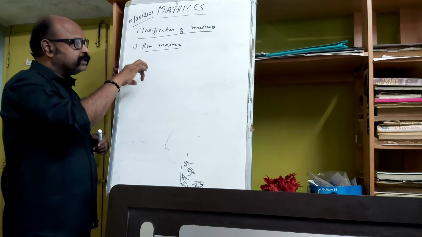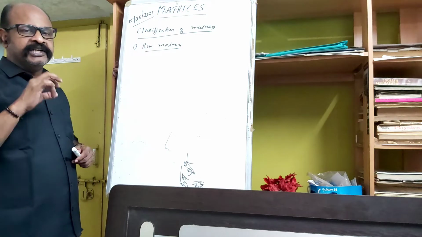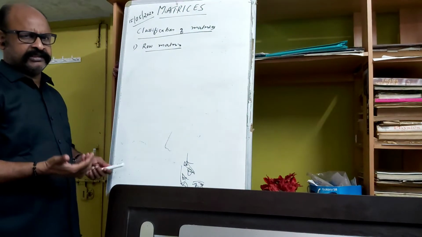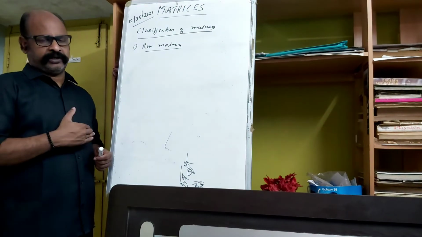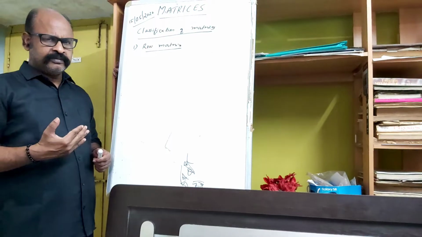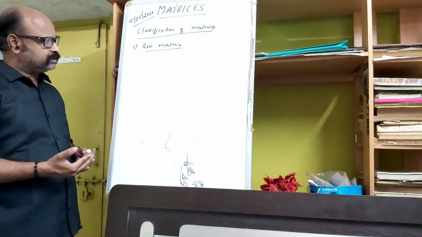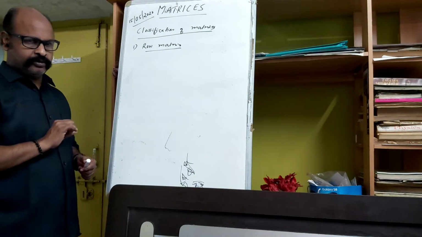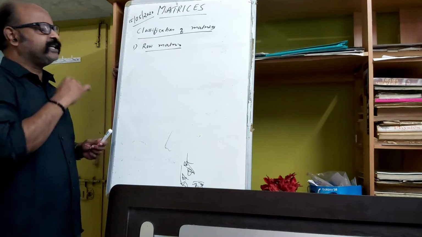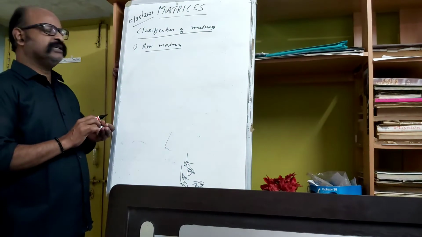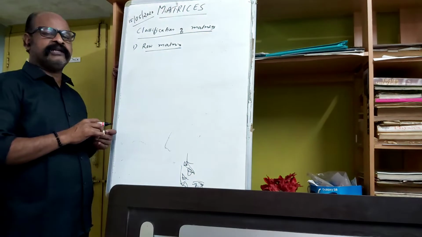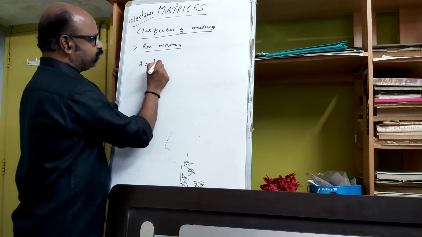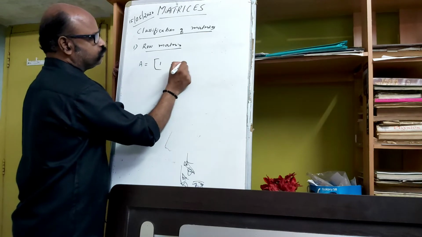And here in our special type of matrix, the name we are giving is row matrix. So it is quite clear that instead of equal importance to row and column as in a general matrix, here in the row matrix the importance is to row. Let us see what that importance is, and for that it is better we consider an example. Suppose A is a matrix and A equals matrix 1, 2, 3.